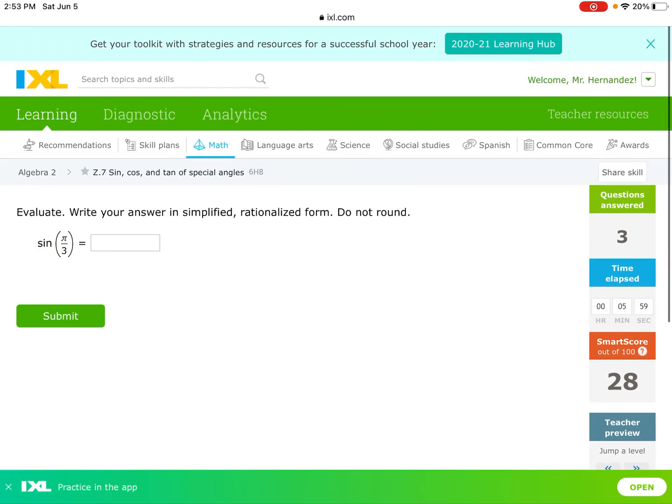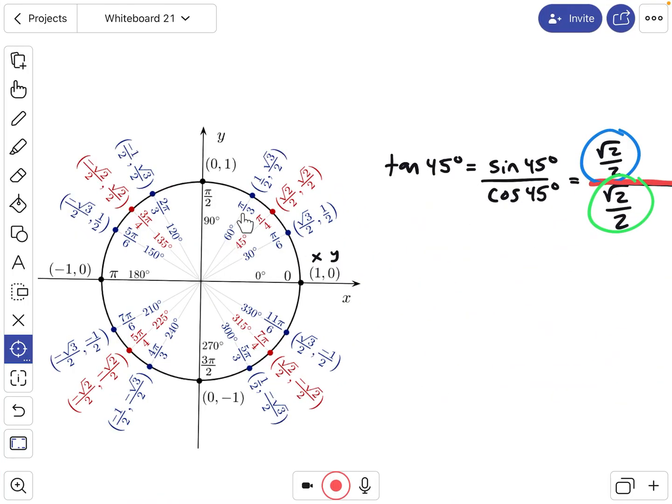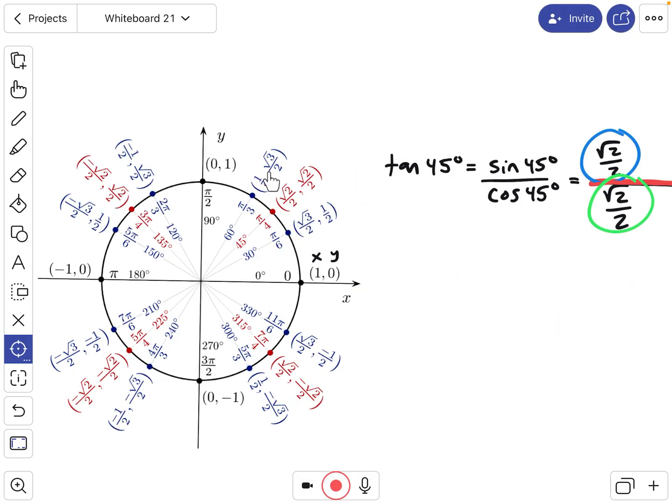Okay, so this one's going to be pretty unique, the sine of pi over 3. So instead of looking at degrees, we're going to look for pi over 3, and there it is right there. So here's pi over 3, and the sine is going to be the y coordinate, right?